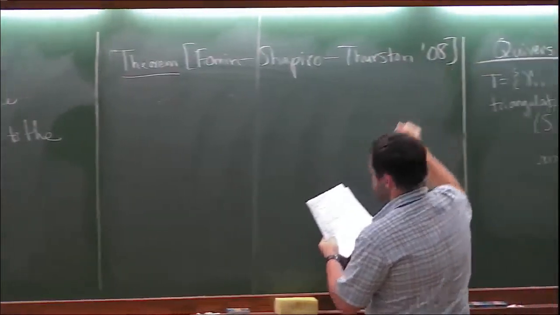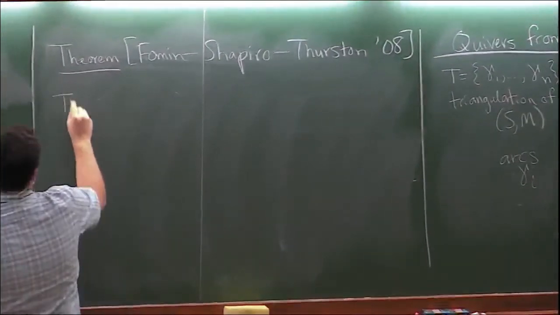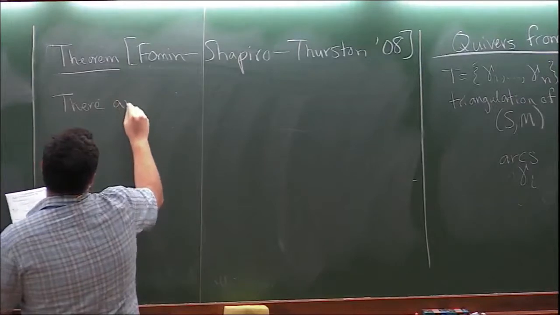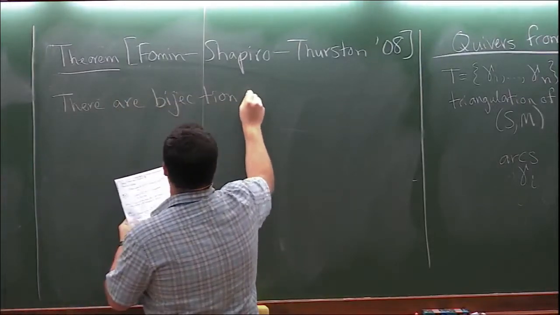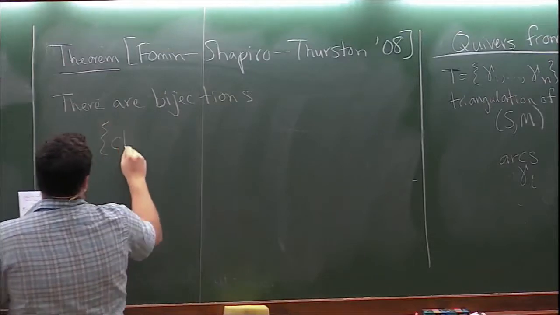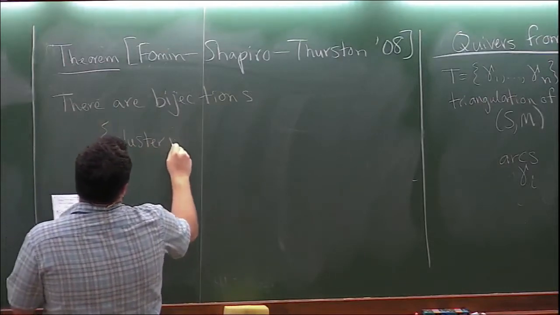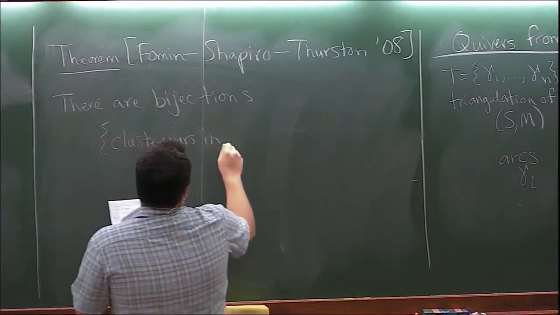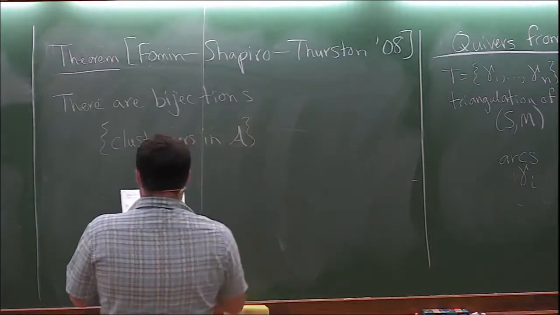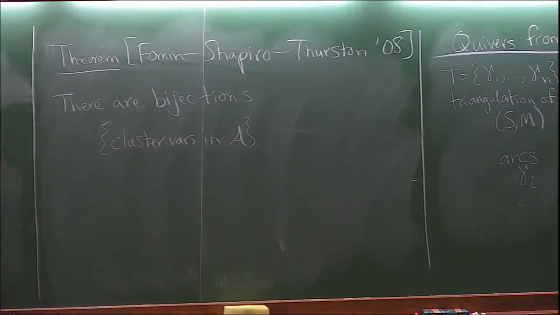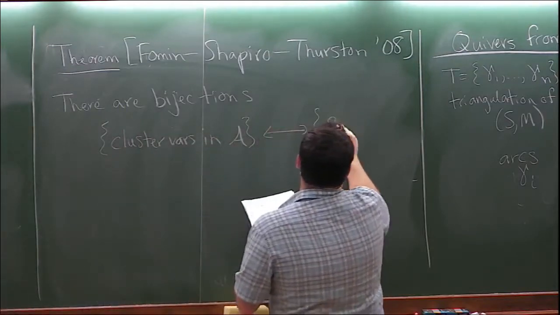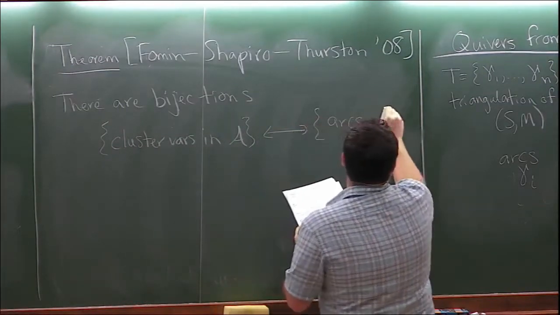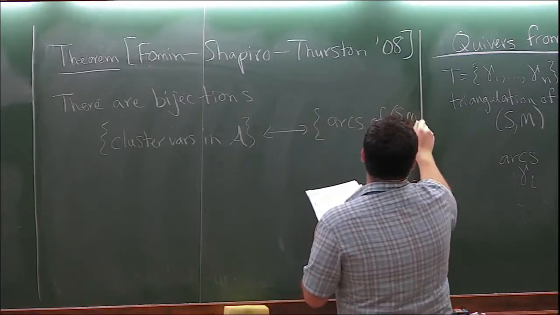In 2008, it says that there are bijections between the cluster variables in a cluster algebra, where this cluster algebra comes from a surface, and the arcs of the marked surface.